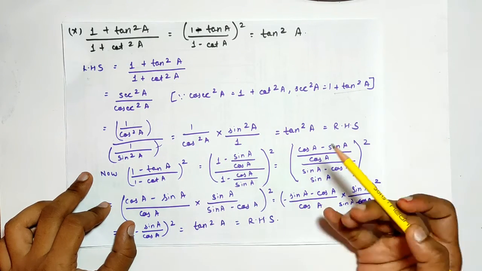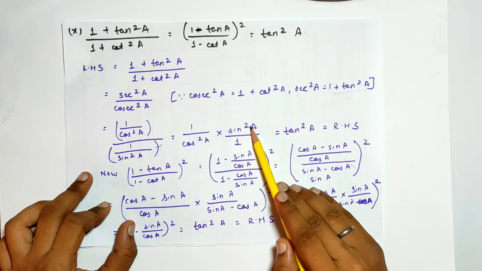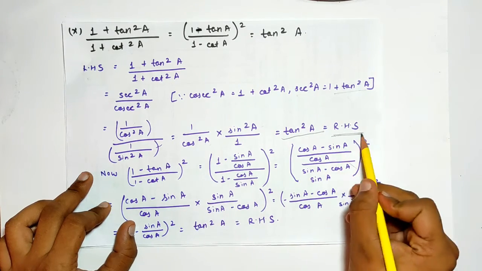After solving this we get 1 upon cosec square A into sin square A upon 1, we get tan square A, that is RHS.